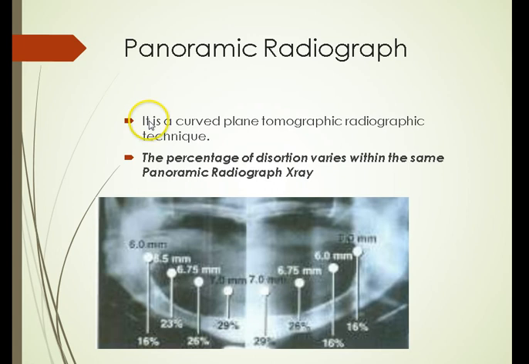And part of the reason is because it's a curved plane. Pan is a curved plane tomographic radiograph technique, so it literally takes a curved plane, your mandible, and makes it flat. So your distortion is like that too. It's kind of like how Earth maps are done. The Earth is round, but the map is flat, and it distorts the image.